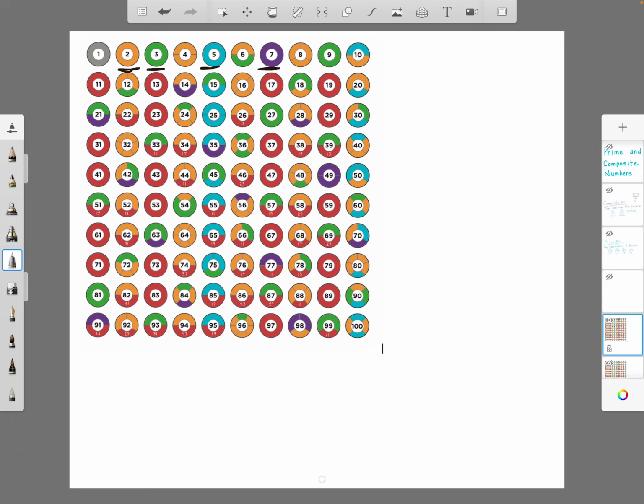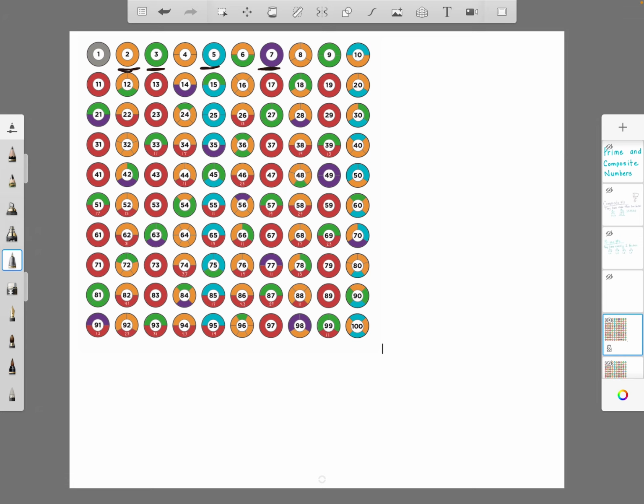Every number that you see that has an orange on it is made up of the number 2. Every number that has a green on it is made up of the number 3. Any one that has the number 5 on it is made up of the number 5, and the same with 7. If it's purple, it's made up of 7. And all of these numbers that are made up of more than one number will be composite numbers.